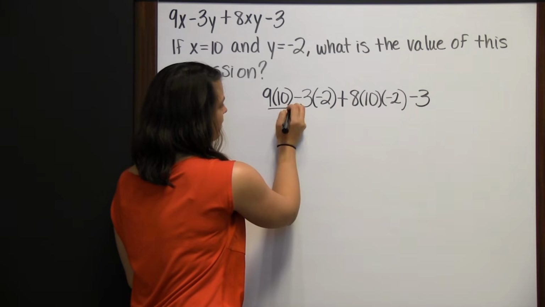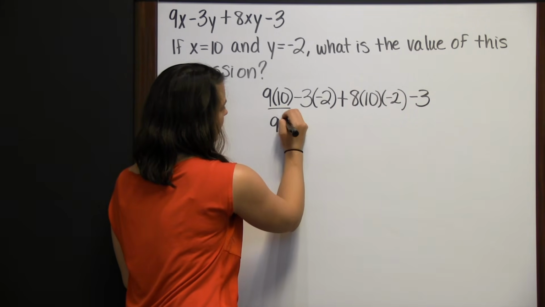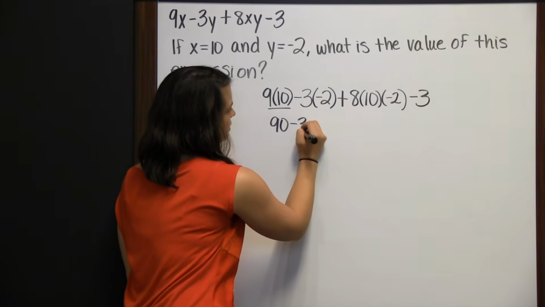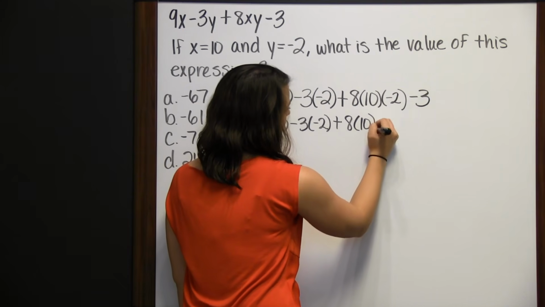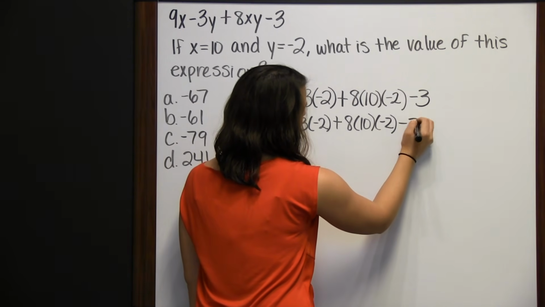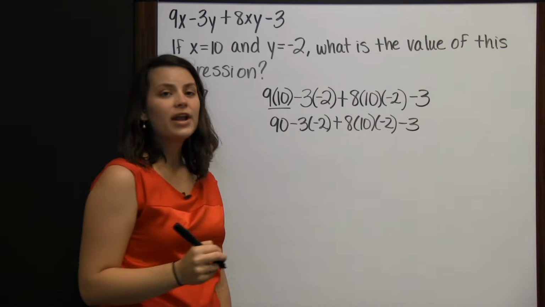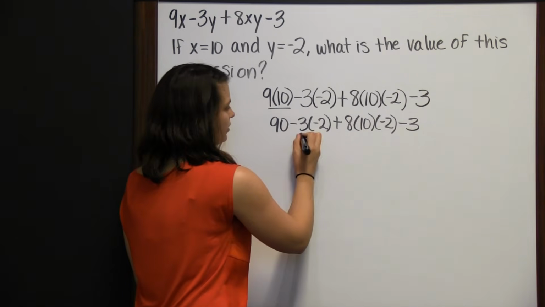Starting at the left, we have 9 times 10, which is 90, minus 3 times negative 2 plus 8 times 10 times negative 2 minus 3. Our next set of multiplication would be right here.